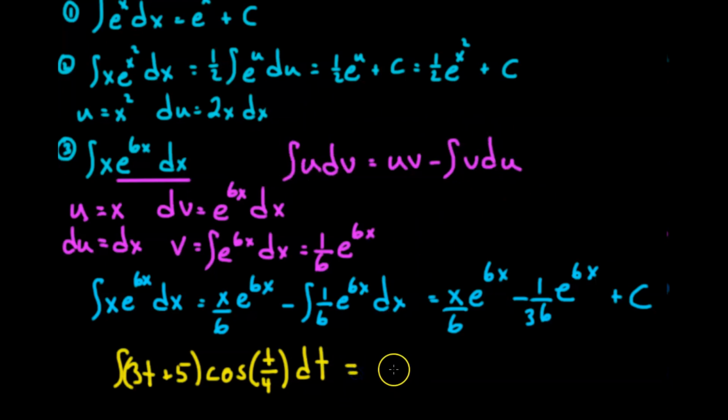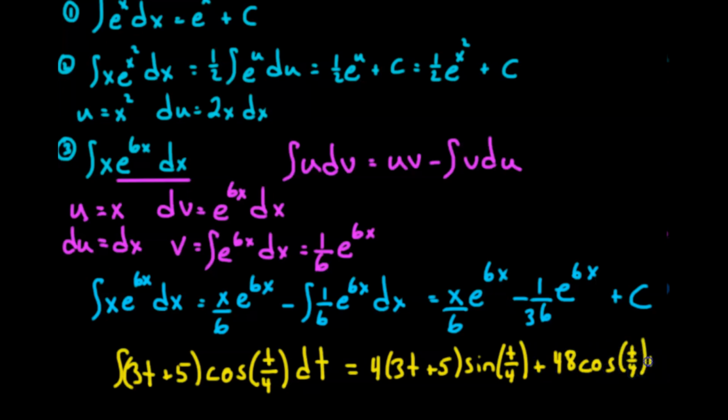And you should get, when you're done all that, just to check your answers, 4 times 3t plus 5 times the sine of t over 4 plus 48 times the cos of t over 4, and then plus your constant c.